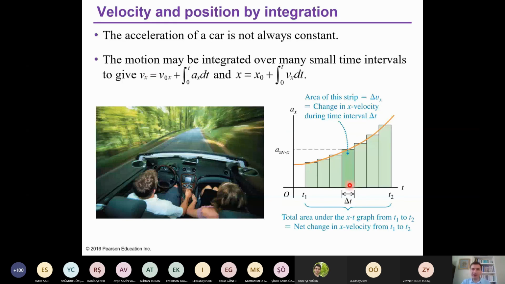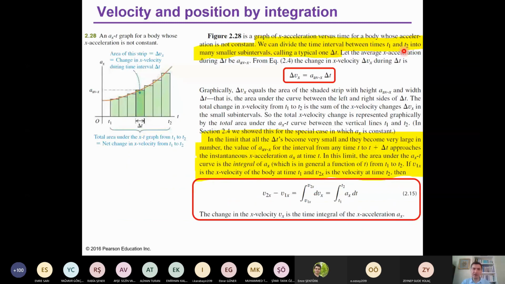We can divide the time interval between times t1 and t2 into many smaller sub-intervals. So the time is from t1 to t2, and we have many sub-time intervals shown by delta t. And the average x acceleration, you know, is given by delta Vx over delta t.